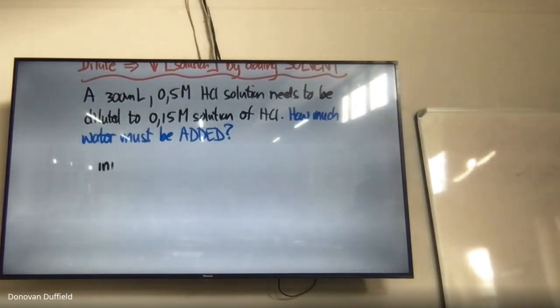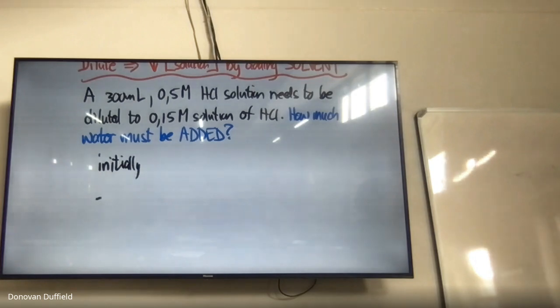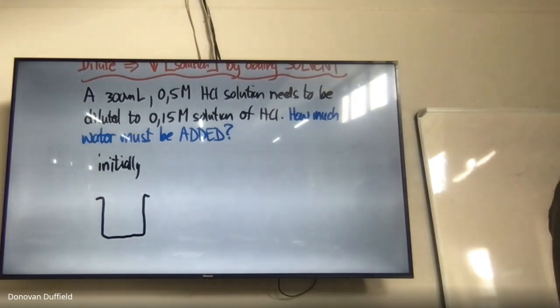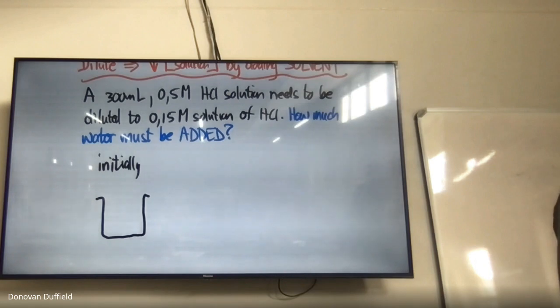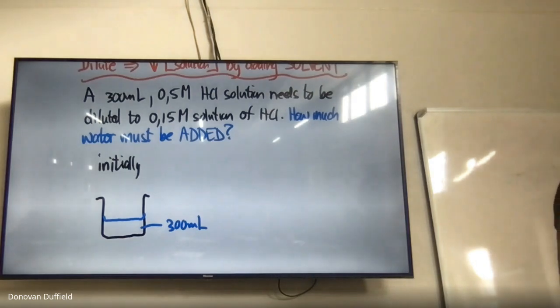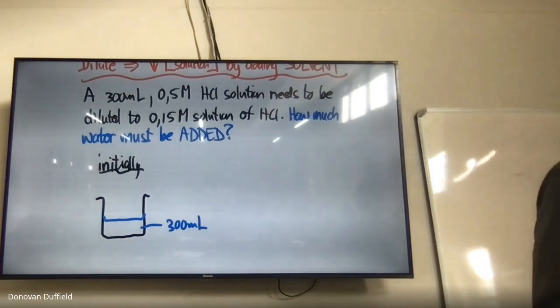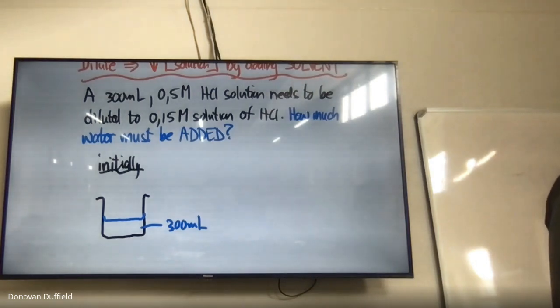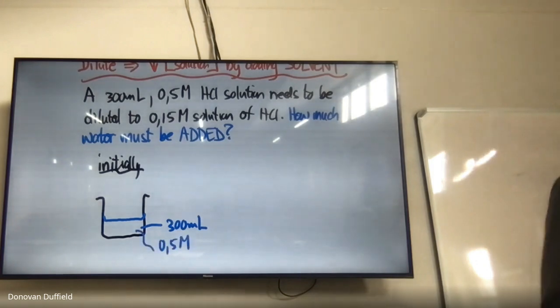Initially, we have a beaker, and in this beaker we have 300 milliliters of a solution with a concentration of 0.5 mole per cubic decimeter.